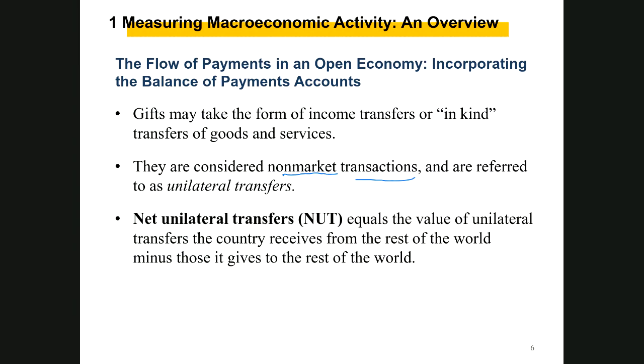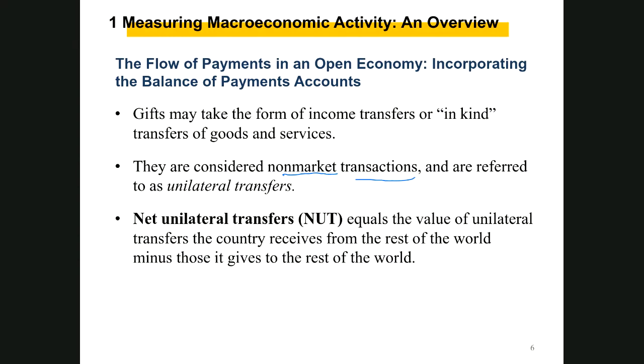Or when a country participates in an international organization, you are asked to donate part of a fee. That's also a transfer, not directly related to production activities. You didn't sell anything, you just move your money from your country to another country. Okay, so that's called a transfer.